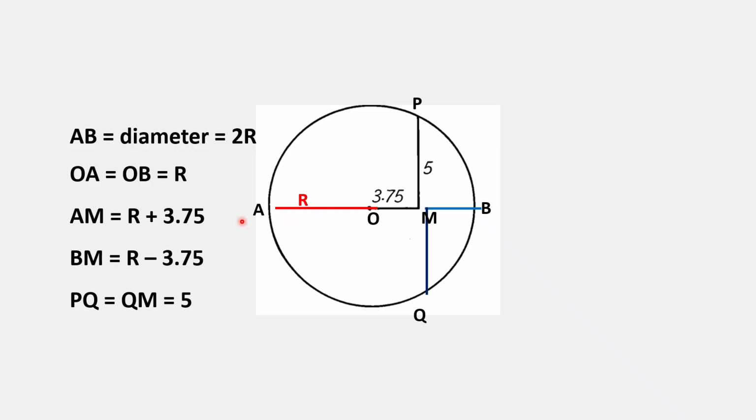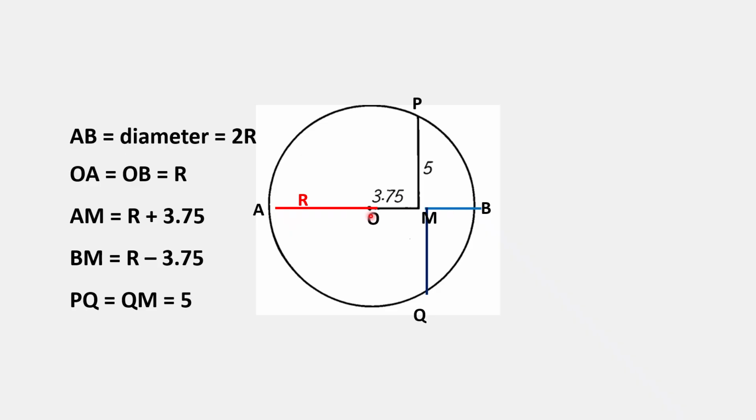So after extending, AB is the diameter, that is 2R. R is the radius, so the diameter will be 2 times the radius. OA, from O to A, is the radius. From O to B is also radius. O is the center.